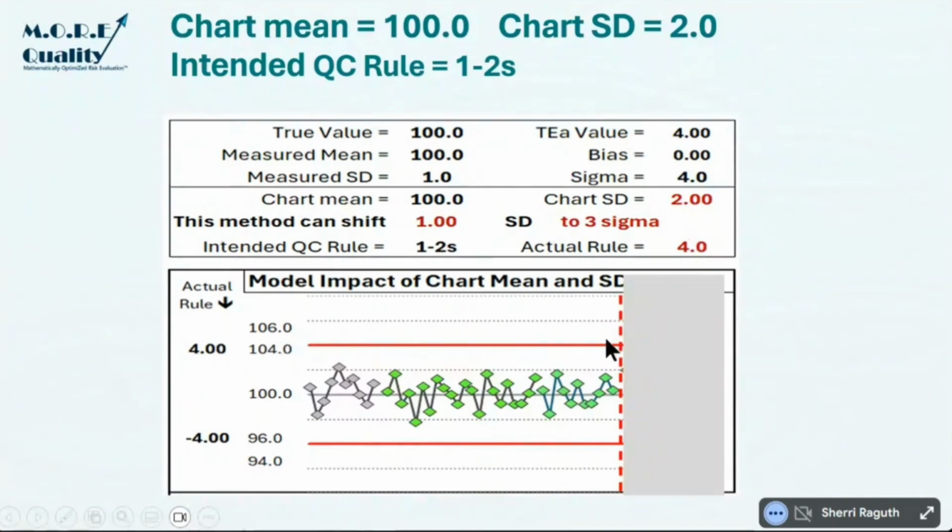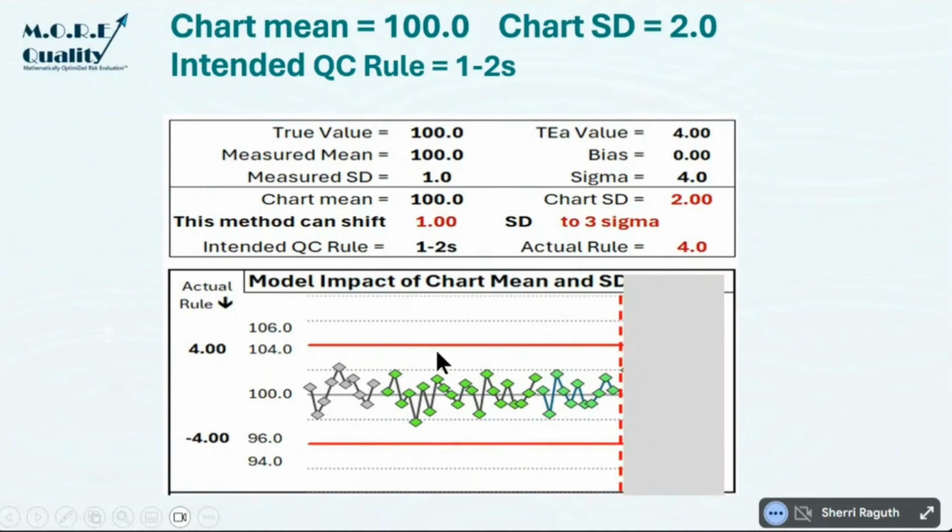So you've drawn a line here, or they've drawn a line here, at what they think is 2SD. But in fact, because they've doubled the standard deviation, a point would have to be 4 standard deviations away from the measured mean to hit what you're calling a 2SD limit.